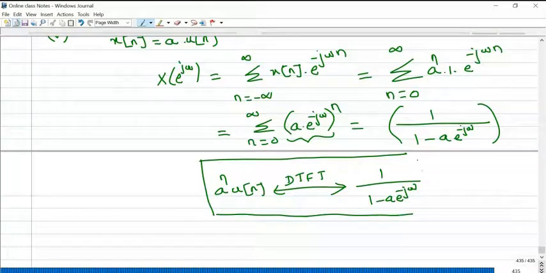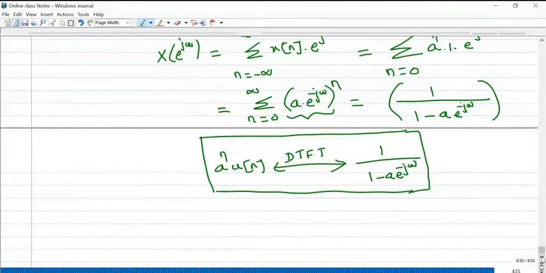This is a very important formula for solving LTI systems described by difference equations in later classes. Okay, right. So delta n, u n, delta n minus k, u n minus k, a power n u of n. These are all fundamental formulas of DTFT.